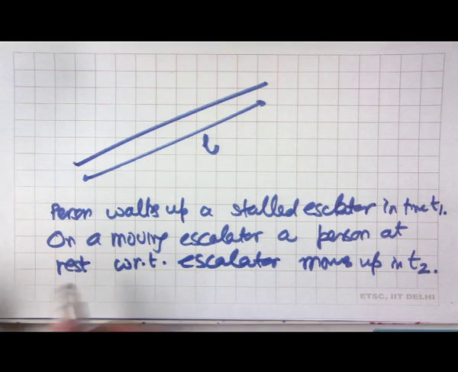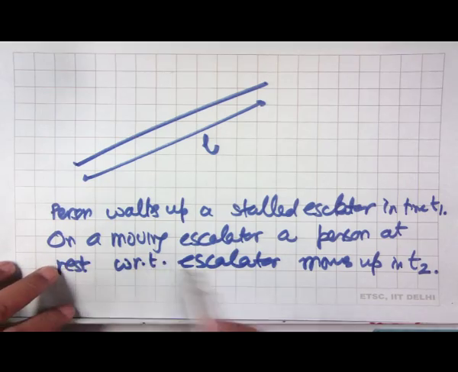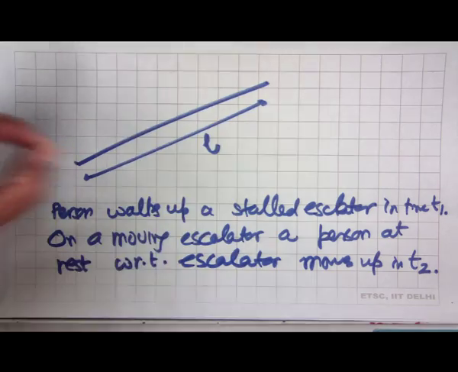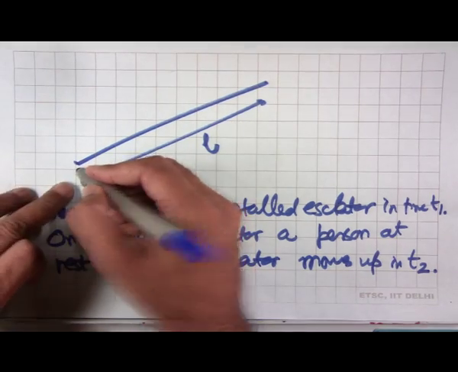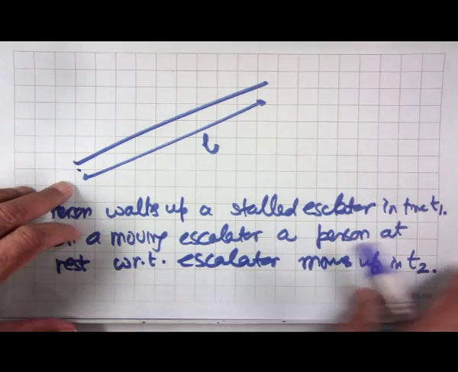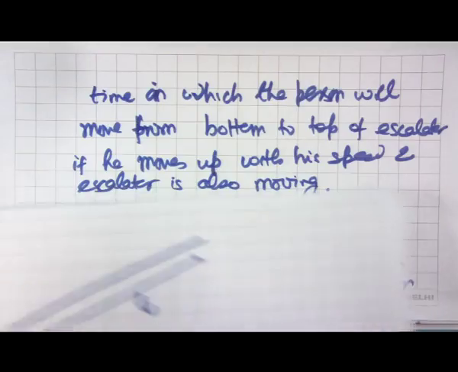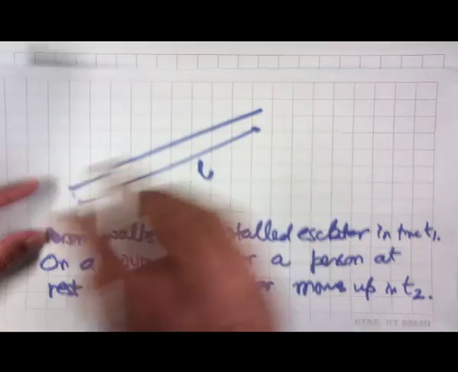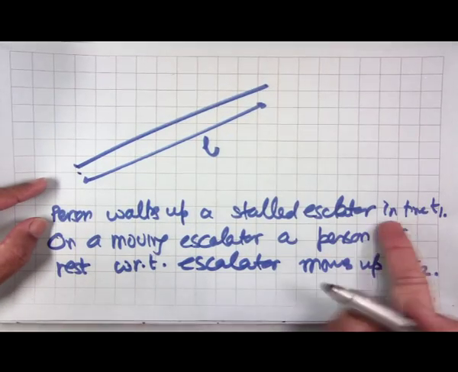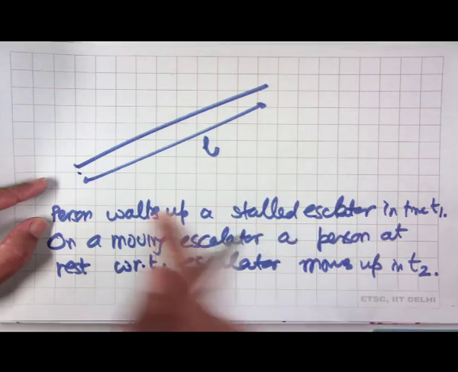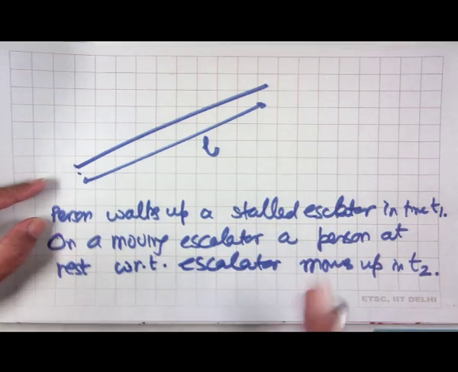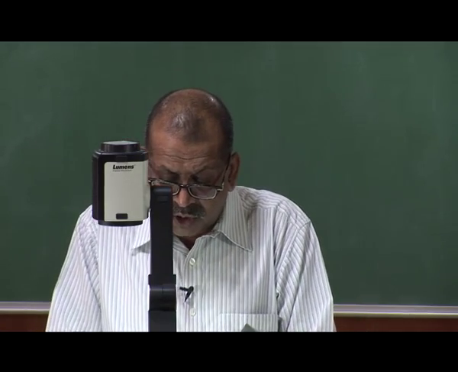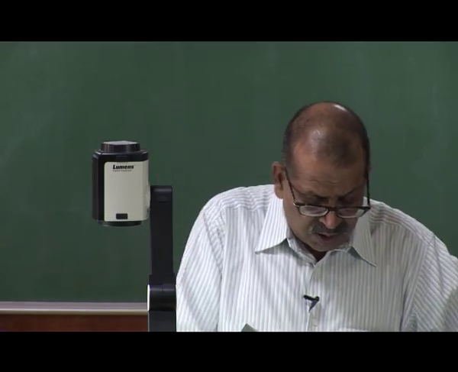Now, it is also given that on a moving escalator, if the escalator is moving and the person just stands there, then he reaches from bottom to top in time t2. Now, we have to find, if the person is moving at the speed which we have specified and the escalator is also moving, then how much time will the person take to go to the top. So, this is what we want to find out.